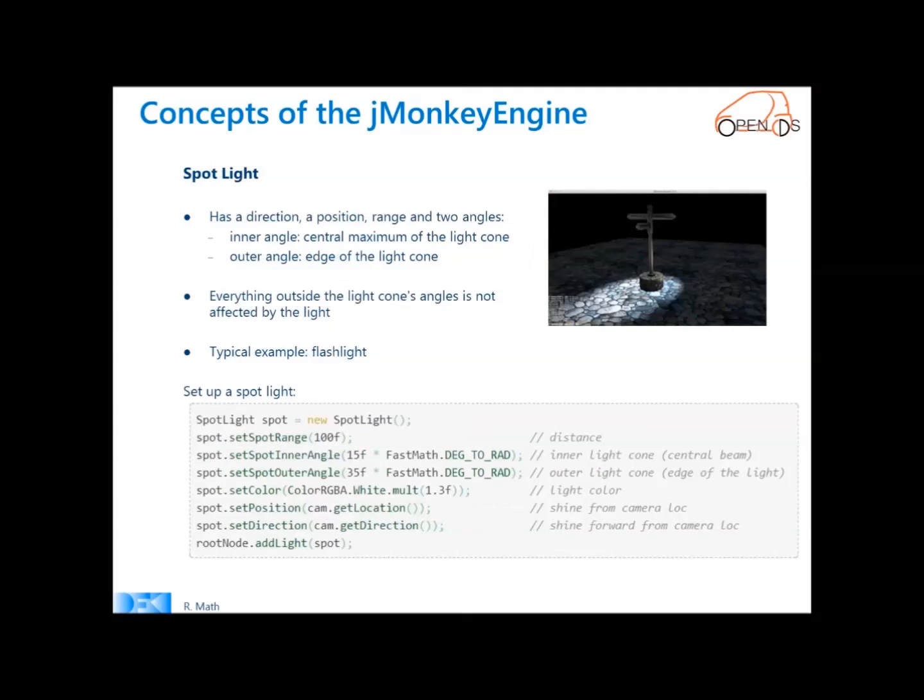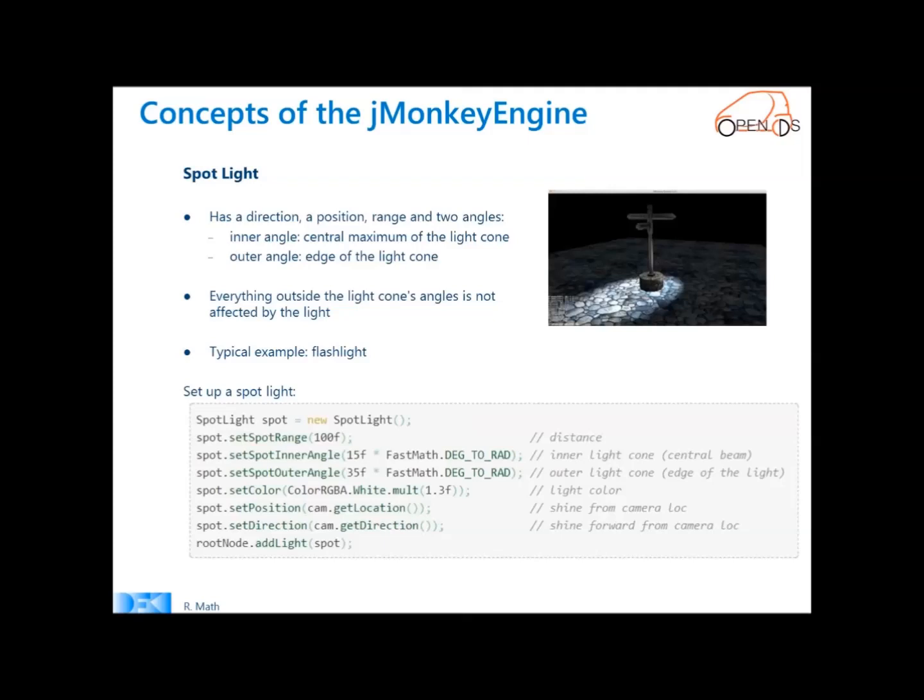Yeah, and here we have the spotlight, which is just a special point light. It also has a direction and a position, and additionally it has 2 angles and a radius, of course, for the intensity, the range. These 2 angles are used as the central maximum of the light cone and as the edge of the light cone.